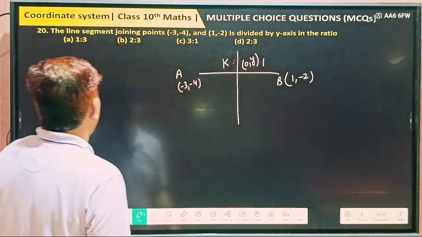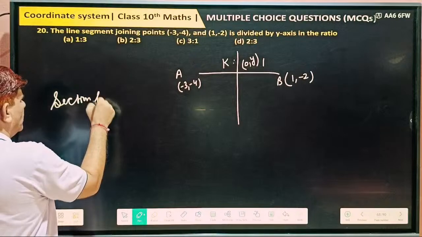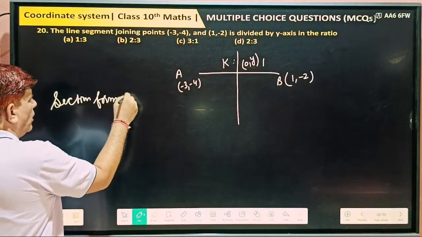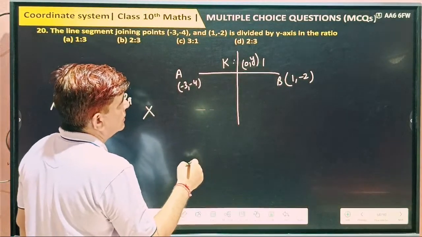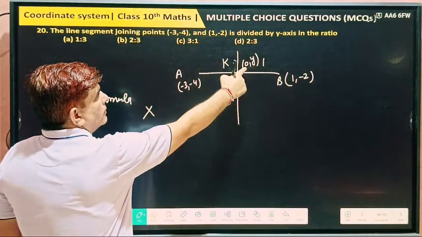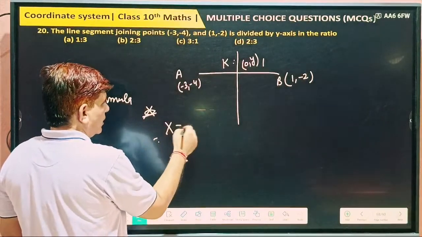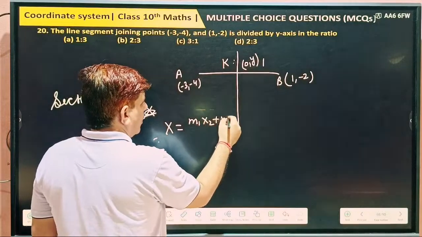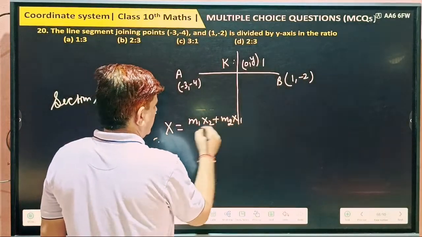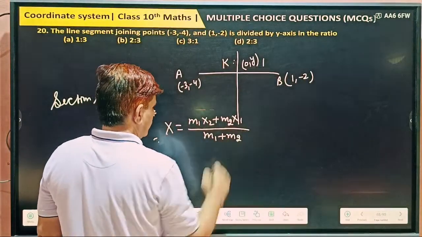So by using which formula? The section formula. We know x is equal to (m1 x2 plus m2 x1) divided by (m1 plus m2).